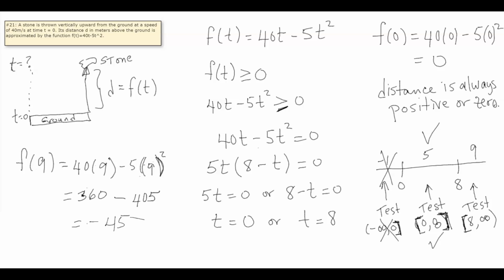So remember, we want this to be greater than or equal to 0. It's not, so I cannot take that interval. So the only interval that works goes from 0 to 8. So our domain is the interval from 0 to 8.